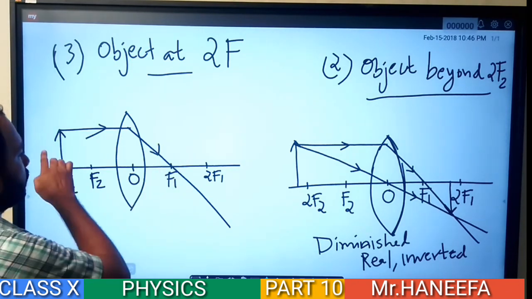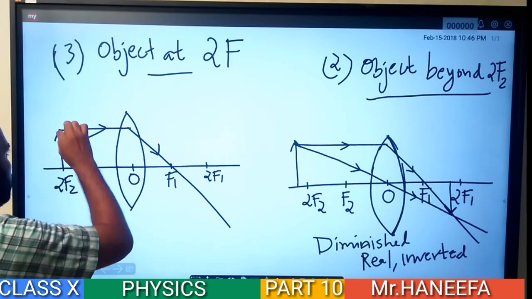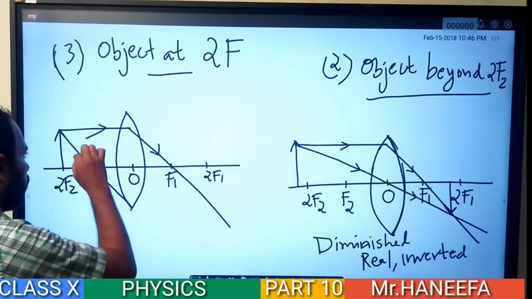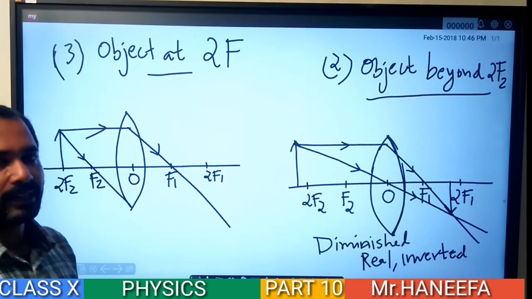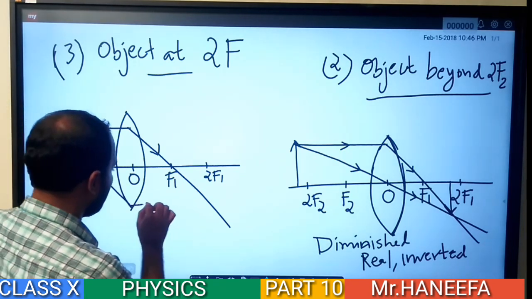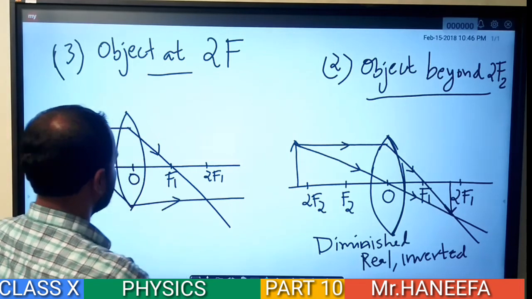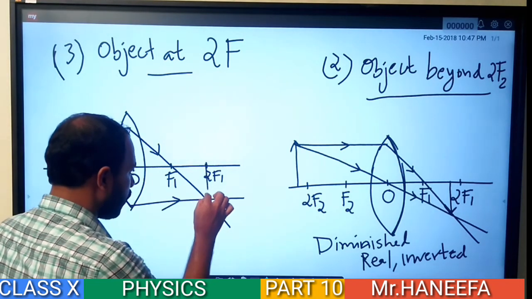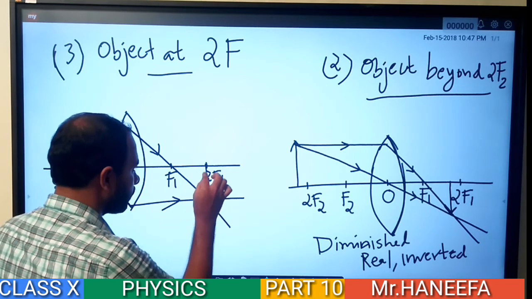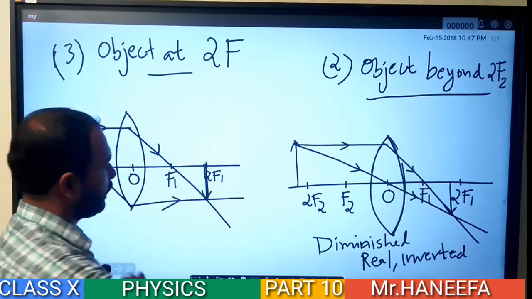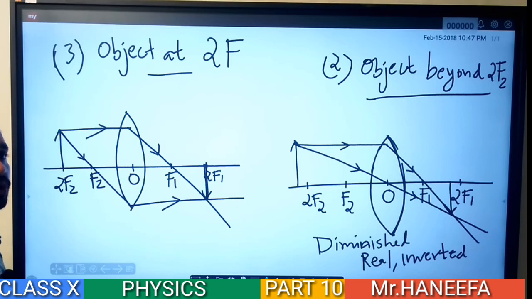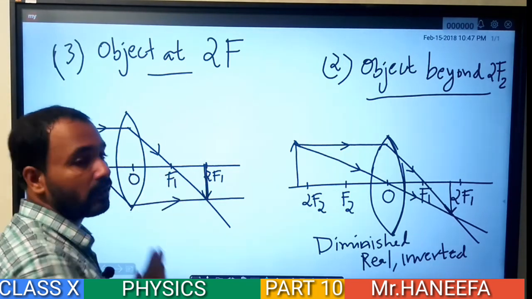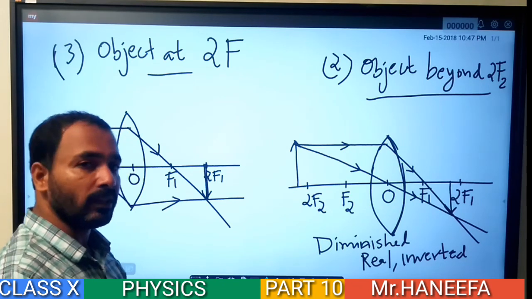Next, second rule, a ray which passes through the focus, after refraction passes parallel to the principal axis. Where image is formed? Image is formed at 2F. When object is placed at 2F, image is also formed at 2F.